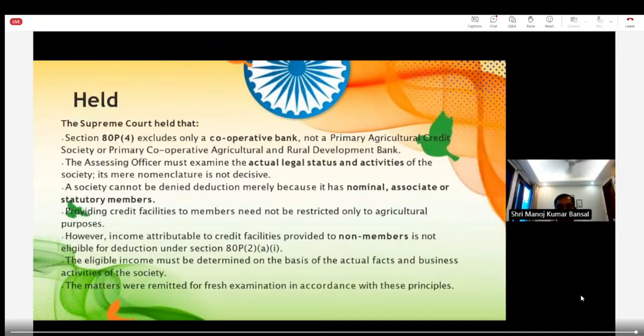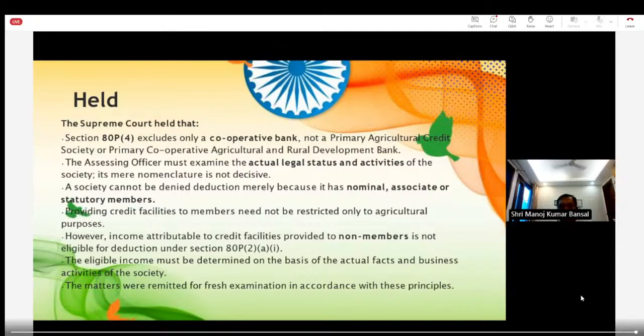Now the Supreme Court held that ATP4 excludes only a cooperative bank, not a primary agriculture credit society or a primary cooperative agriculture and rural development bank. The assessing officer must examine the actual legal status and activities of the society. Its mere nomenclature is not decisive.